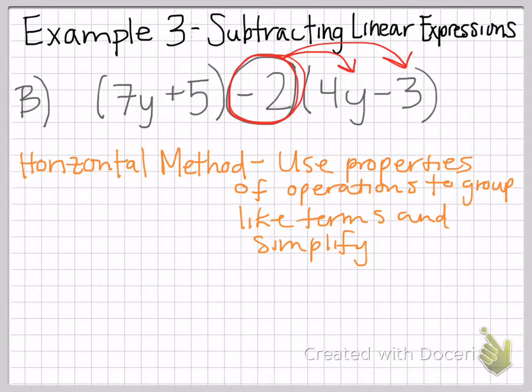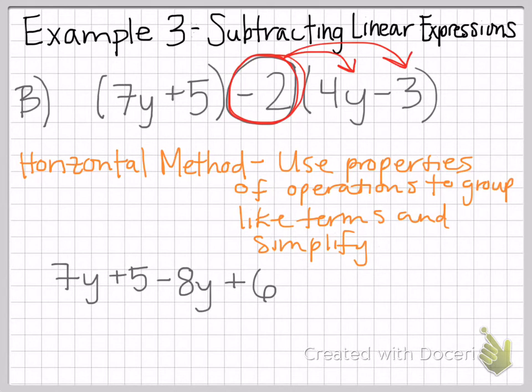So when I do that, my new expression would be 7y plus 5. I'm going to keep that first parentheses because I'm not going to touch it yet. Negative 2 times 4y is negative 8y plus 6. It's a plus 6 because we have that negative 2 times negative 3. Does that make sense?